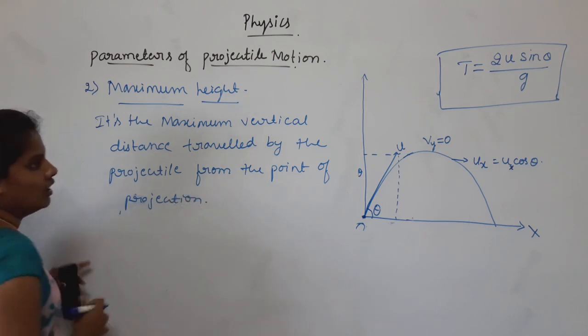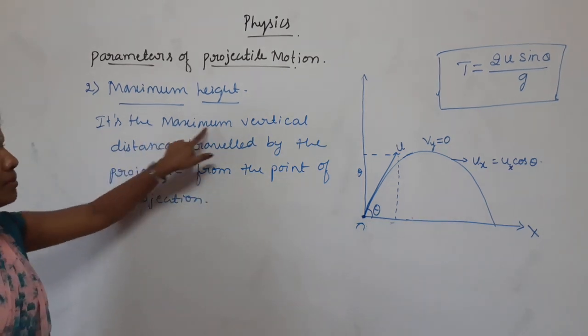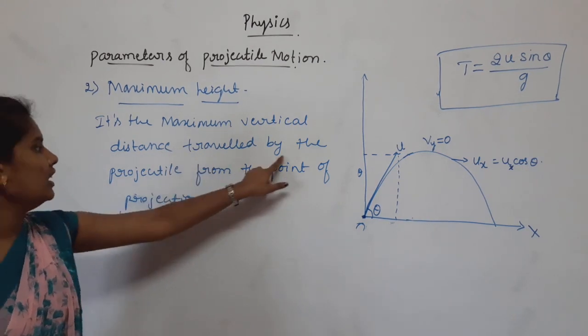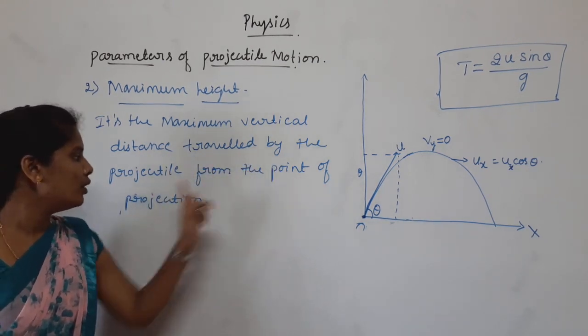So it is the maximum vertical distance traveled by the projectile from the point of projection.